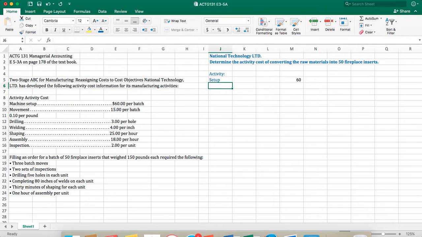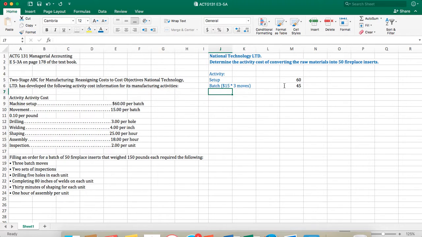So we're going to move this actually 3 times, but this movement of the batch, we have here batch $15 multiplied by the 3 moves. I know when I first looked at this, I thought for some reason I needed to multiply $15 times 3 moves times 50 fireplace inserts, and that's incorrect. So if you thought that, you were thinking the same way as I was, but it was incorrect.